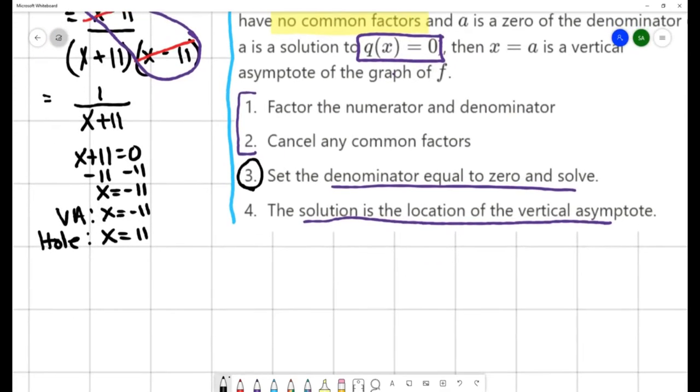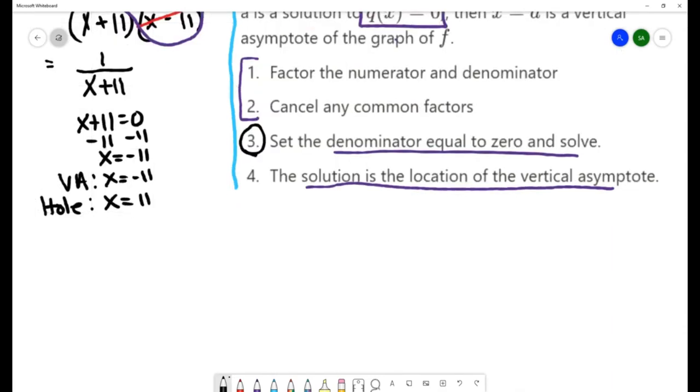Now the last thing that we want to do here is to sketch what the graph will look like near that vertical asymptote. So if we sketch, we're going to put negative 11 on the sketch. And we know that based on the definition of the vertical asymptote, that the y is either going to go to infinity or negative infinity.